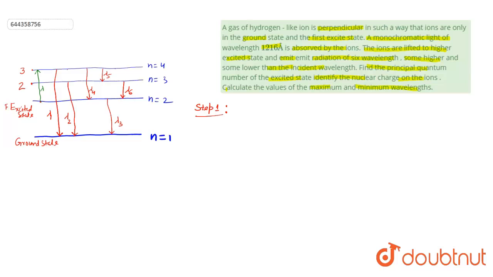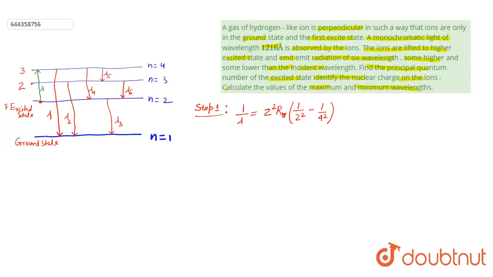Before this, we know the formula: 1 upon lambda is equal to Z square R_H, that is the Rydberg constant, and we can write here R only, times 1 upon 2 square minus 1 upon 4 square, and this is for this transition.